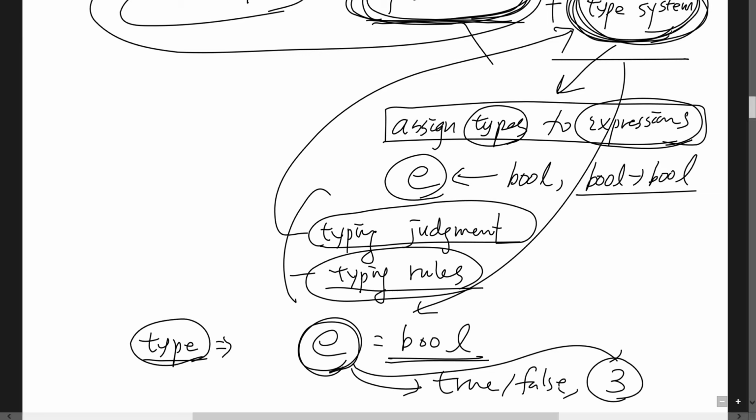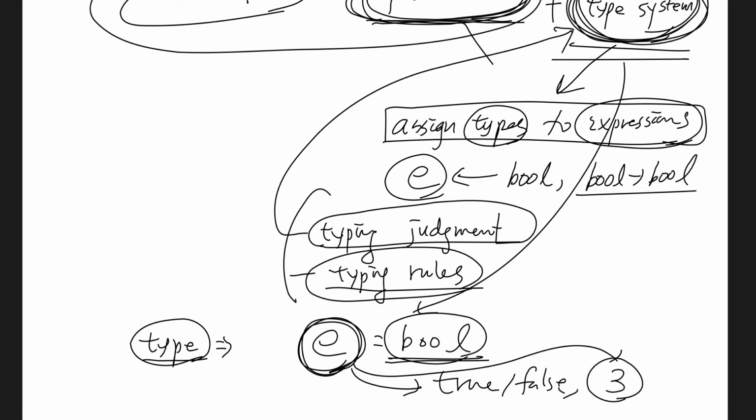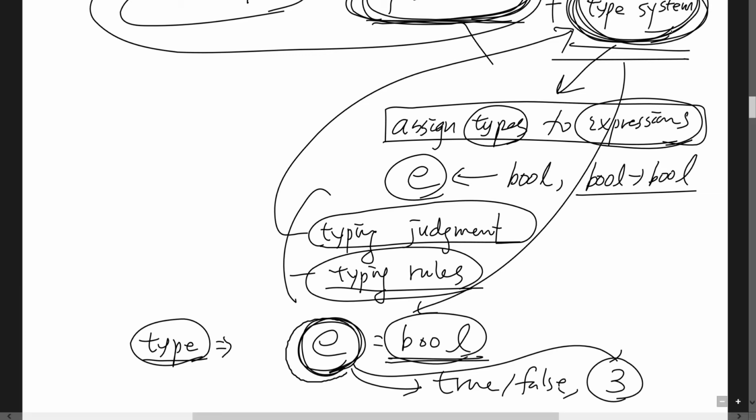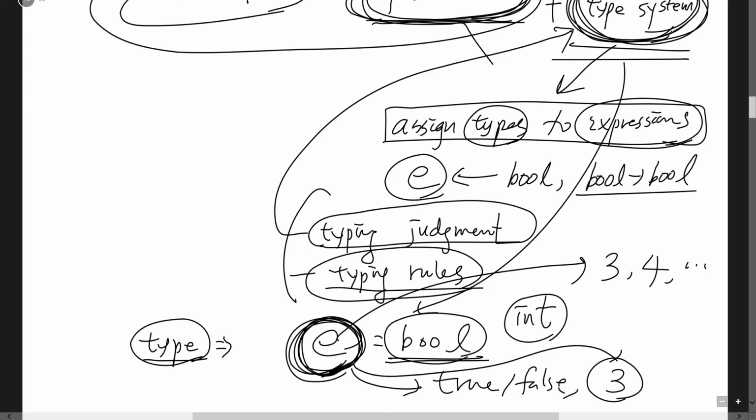So this type system calculates the type that can be assigned to a given expression, and with this type, we can anticipate the form of the value that this expression will produce. If this expression has type int, then probably it will produce a value like 3 or 4, but not something completely unrelated, for example, true or false.